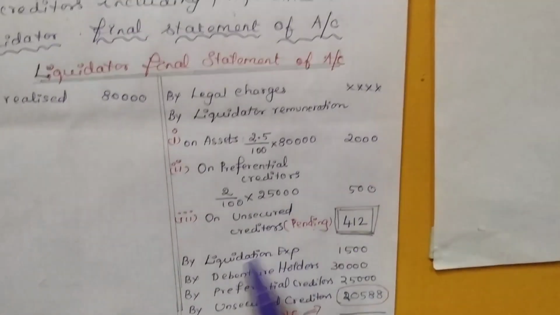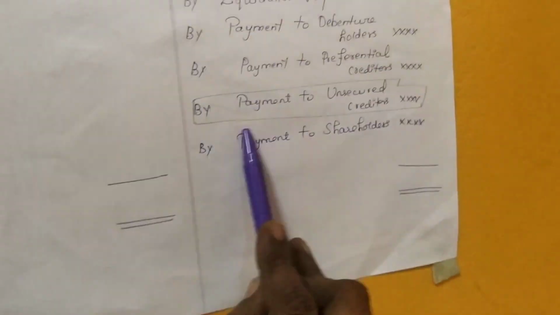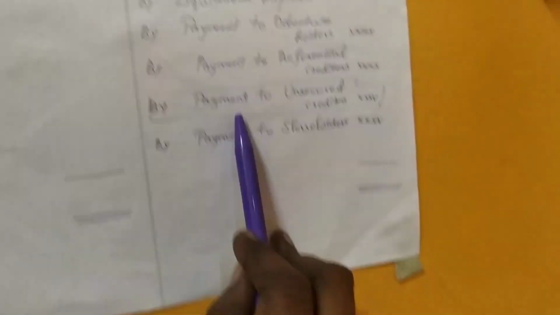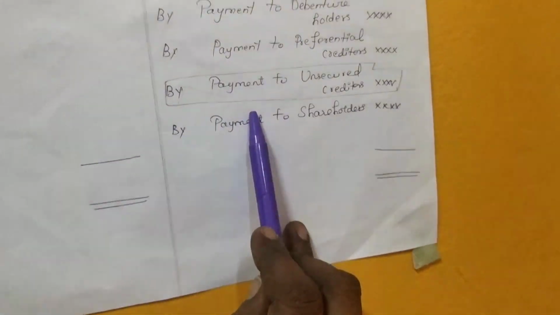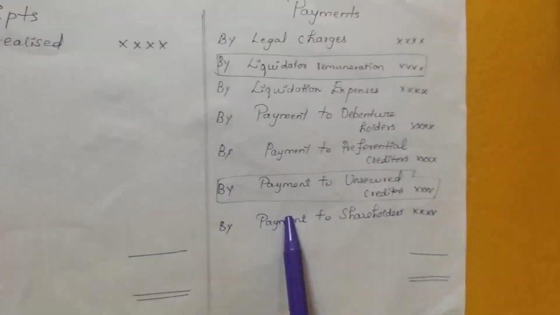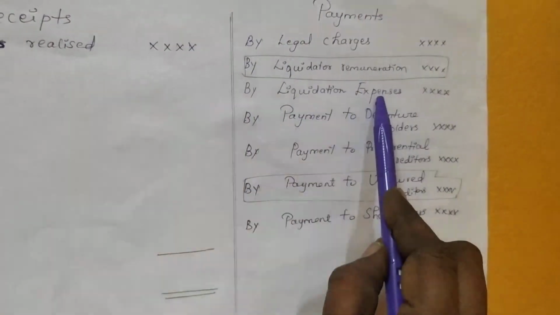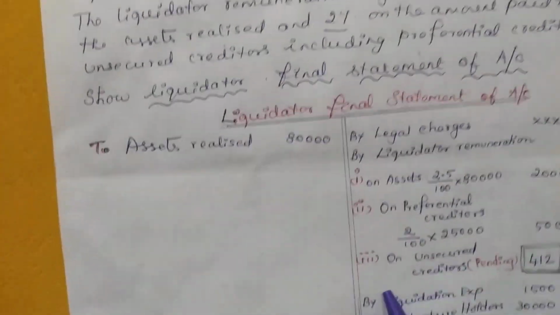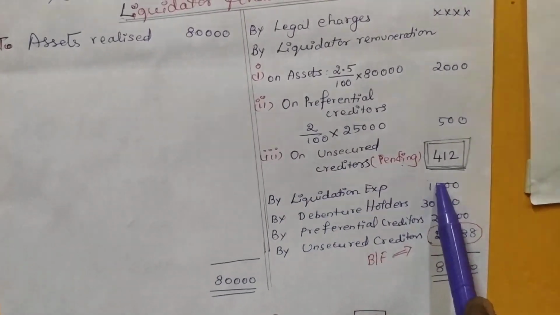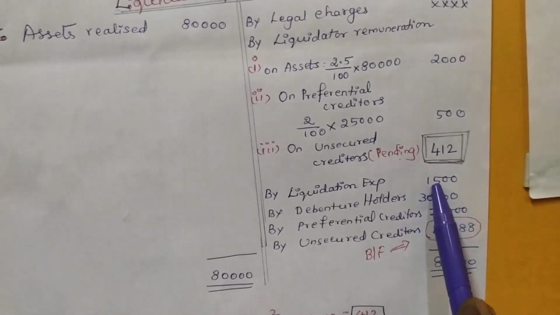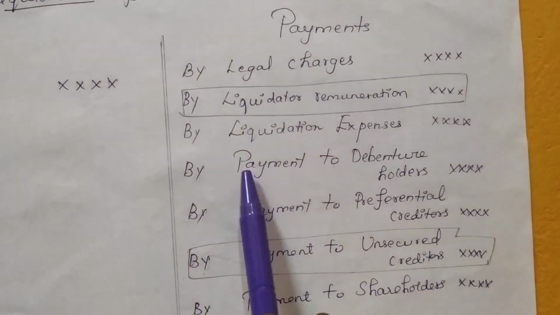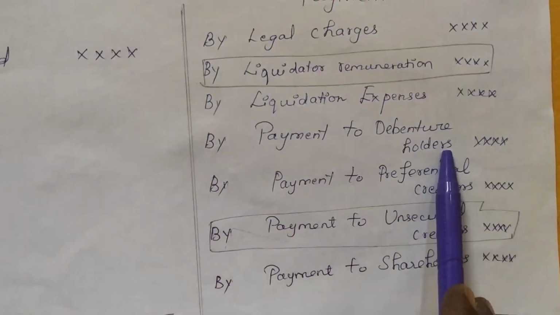Okay, pending. Next, as per format, by payment to liquidation expenses. In the sum the liquidation expenses is 1,500. As per format, after liquidation expense you have by payment to debenture holder.